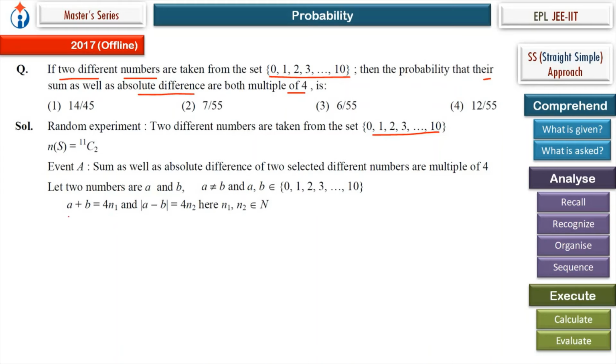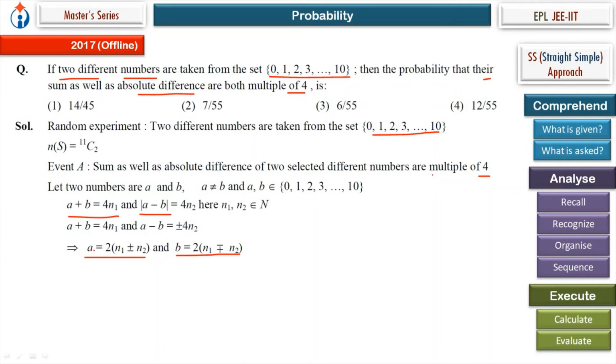A plus B is 4 times n1, and the difference A minus B is equal to 4 times n2, where n1 and n2 are natural numbers. Sum as well as absolute difference are multiples of 4. That's how we write it mathematically. So A plus B is equal to this, and A minus B is equal to plus or minus 4 times n2. We add them or subtract them, we get the values of A and B.